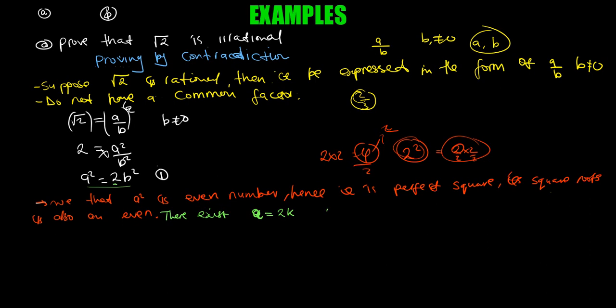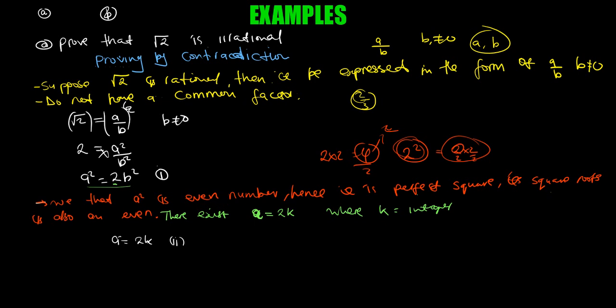Okay, where this k is just an integer, you know, a number on a number line. All right, so from there now we can say this is now our equation 2. We can now conclude to say we have a is equal to 2k, like that, right? After having this, we'll name this as equation 2.